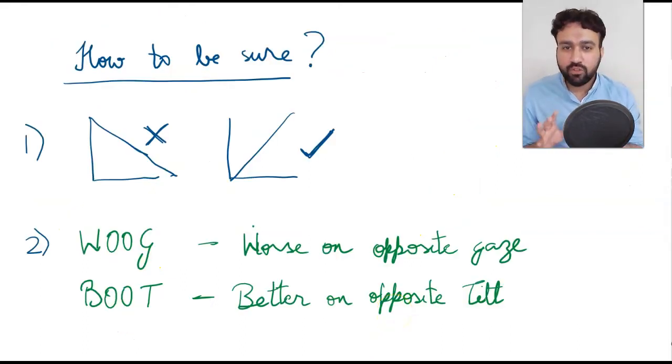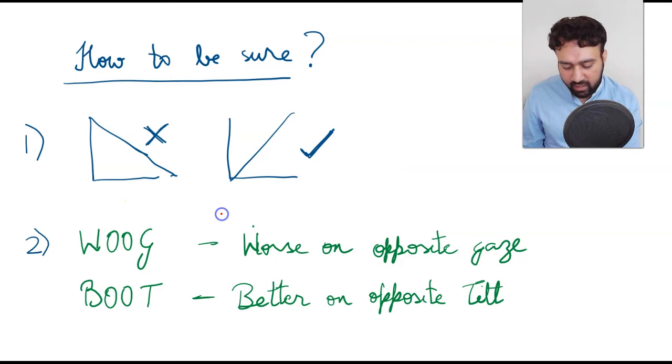So when you have solved this and you've got the answer, it's important to double check and cross check and be sure that your answer is correct. So there are two tricks to be sure. First, if you're making the edge diagram, you should be getting a triangle in one eye and an angle in the other eye.